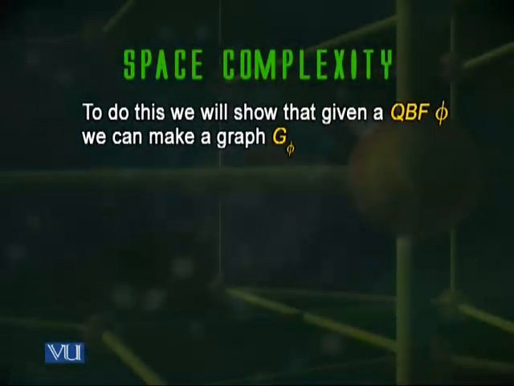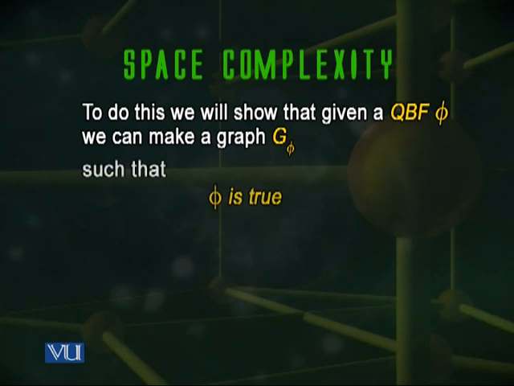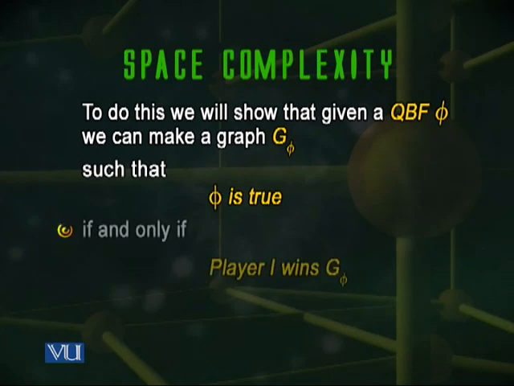How would we do this? Well, we will show that if you're given a quantified Boolean formula phi, we can make a graph G sub phi such that phi is true if and only if player 1 wins on G sub phi.